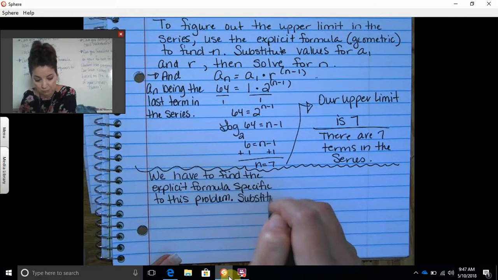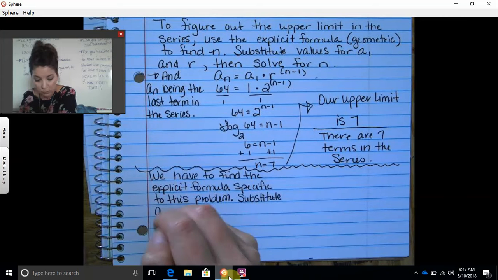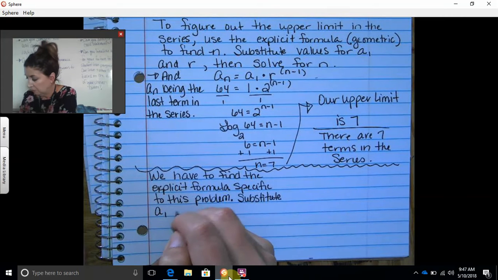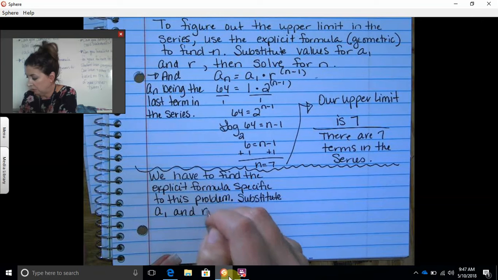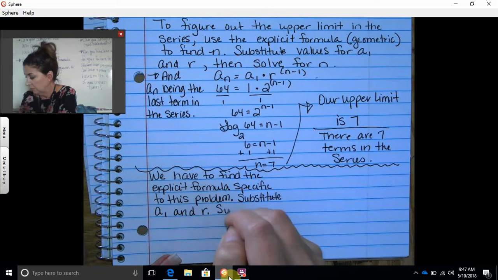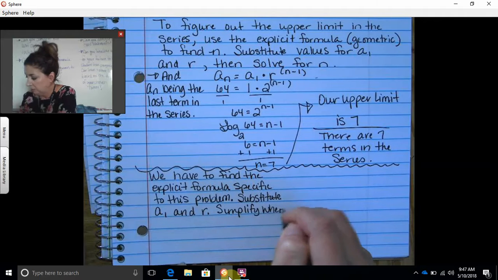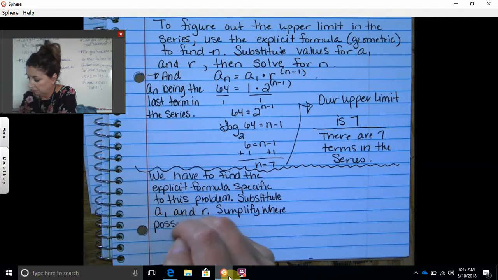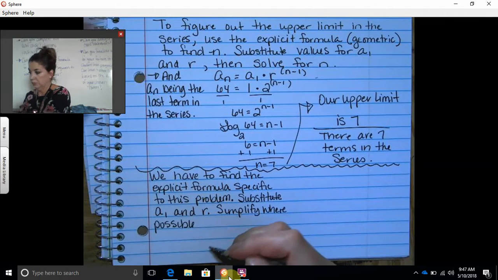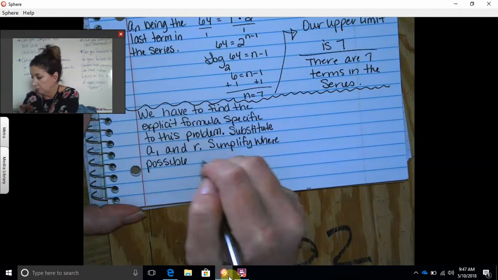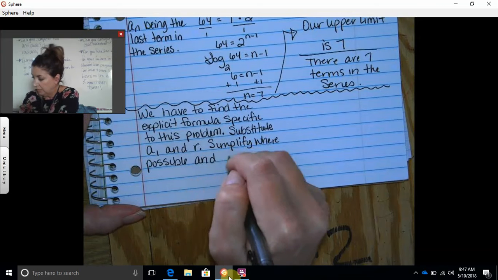Substitute a sub 1 and r, simplify where possible, and that's it.